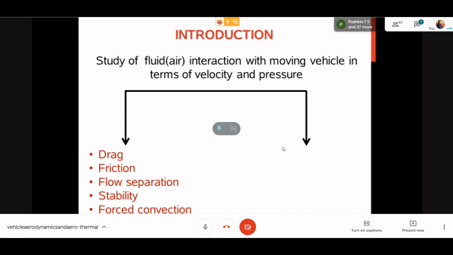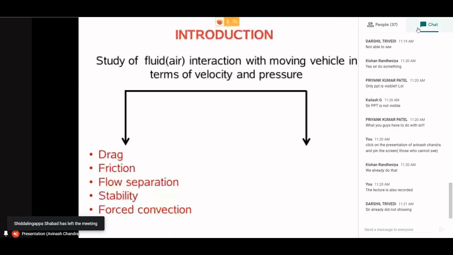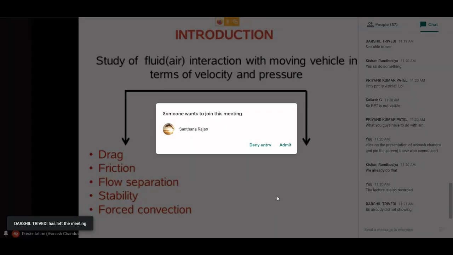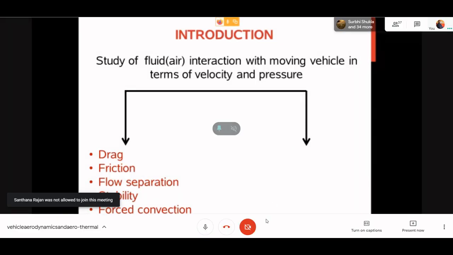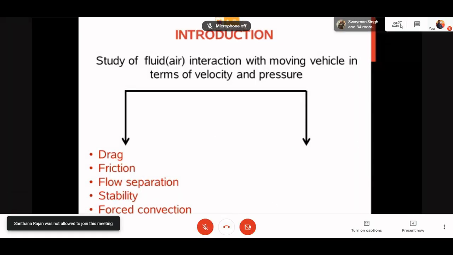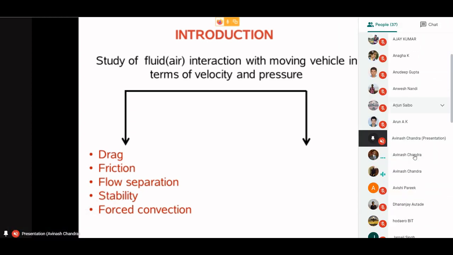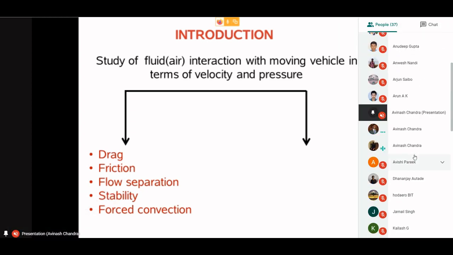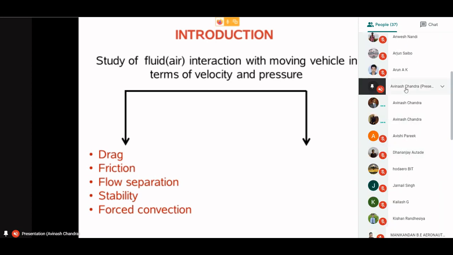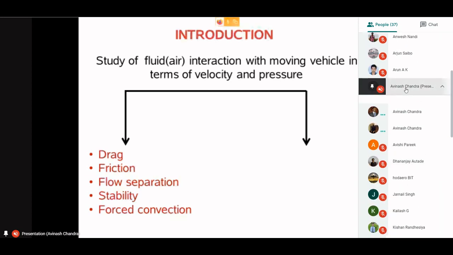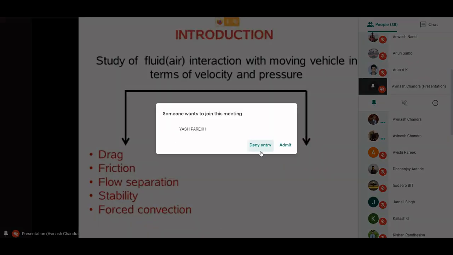There are two photographs, and you need to check both. It is mentioned in the bracket as presentation. Okay, sir, we will continue. Many people are able to access it, only a few are struggling. We will continue.